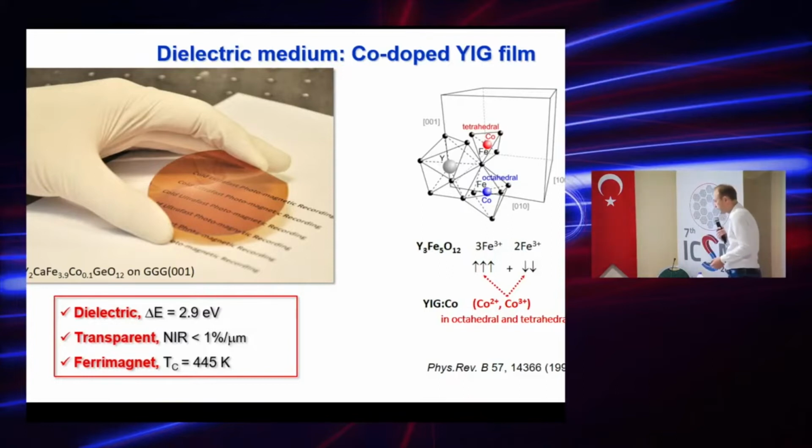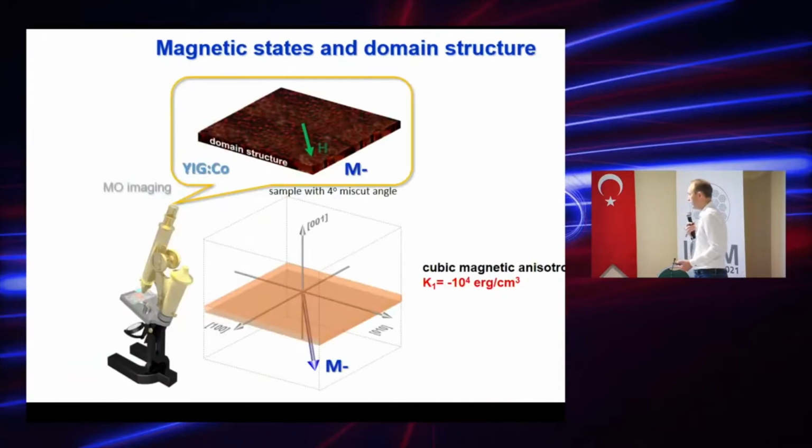In our case, the cobalt is also important, with two valence states, 2+ and 3+, replacing the iron ions in both octahedral and tetrahedral sublattices. In the case of cobalt, we expect huge spin-orbit interaction and an increase of the magnetocrystalline anisotropy in the sample.